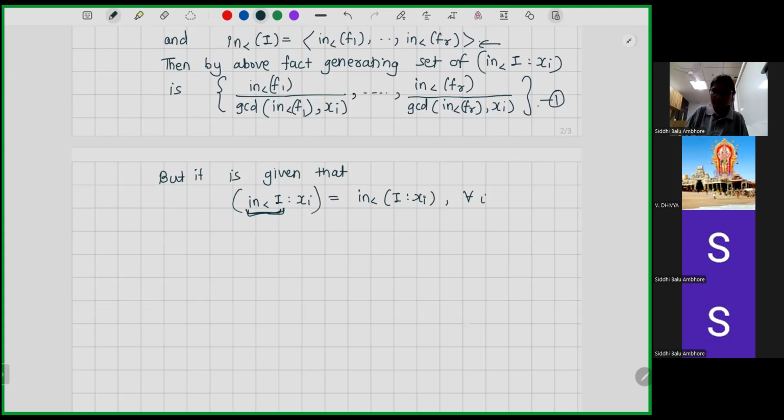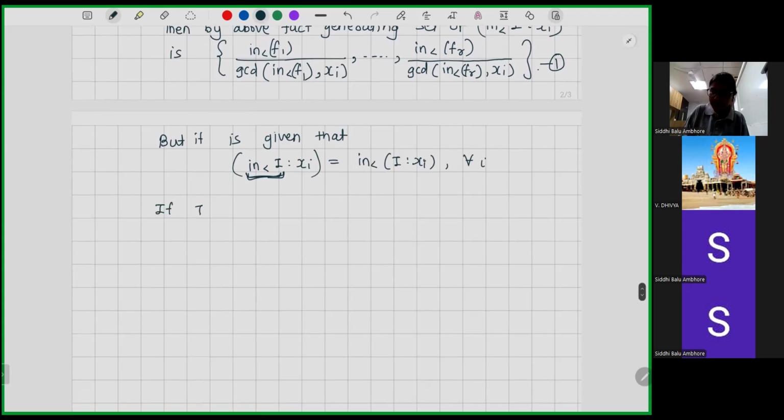So anyway, if I is a prime ideal, then I colon x_i is I. Let me write, suppose.